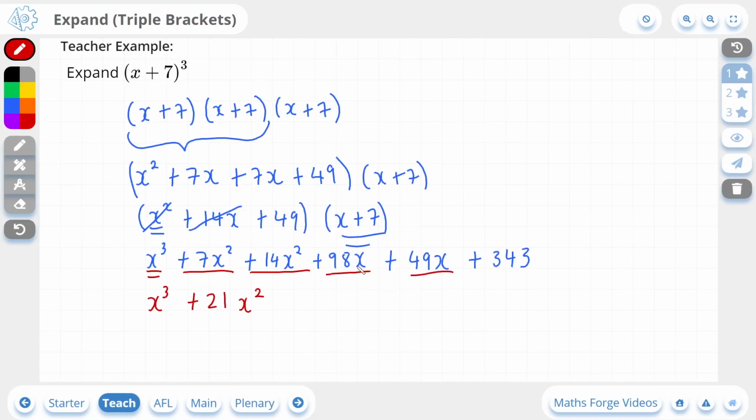So positive 98x plus 49x is going to give us plus 147x. And then we have the 343 at the end, which is a number on its own, a constant, which cannot be added onto anything else. So that stays as it is. And this should be our final answer in its simplest form. If we check our answer, there it is: x cubed plus 21x squared plus 147x plus 343.